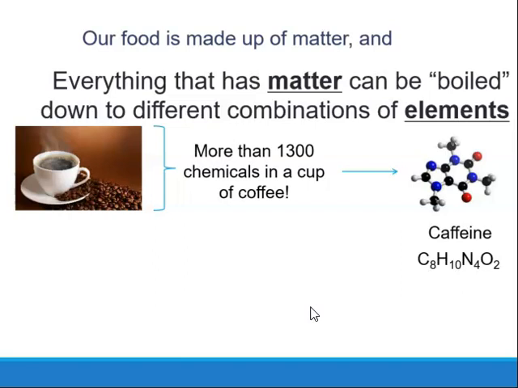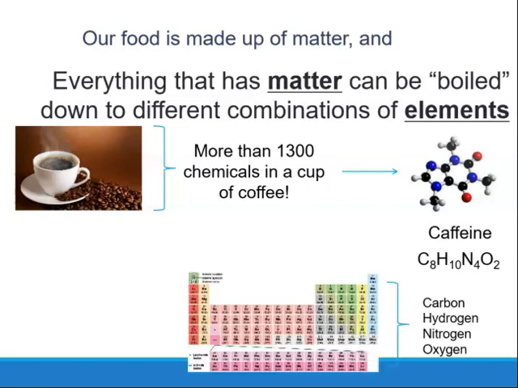But for the most part, most cups of coffee contain caffeine, and caffeine is made up of different elements. So we can see carbon, hydrogen, nitrogen, as well as oxygen. We have different numbers of these elements that combine to form caffeine. Okay, and these elements can be found in the periodic table.